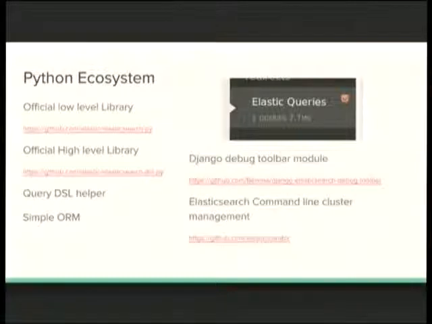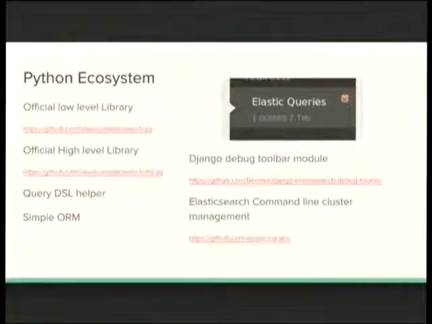There is a simple ORM that allows you to read and save objects in your database. We use Django, so a year ago I wrote a module for Django debug toolbar, which is the same kind of thing as the SQL debug toolbar, but for Elasticsearch. And there is an awesome command line cluster management tool for Elasticsearch that is written in Python as well and is maintained by Elasticsearch.